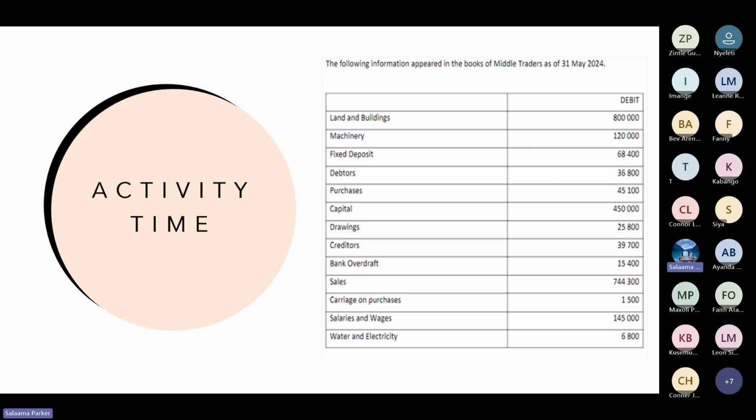So we know that income and expenses will go to the nominal account section. Liabilities, proprietary, again, statement of financial position. Expenses, nominal accounts.